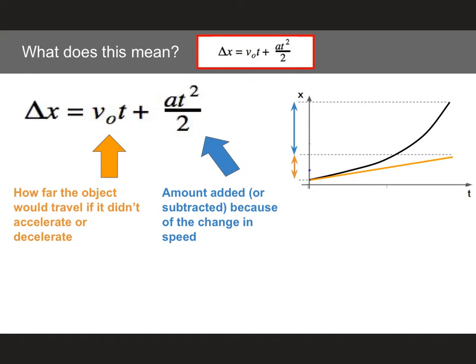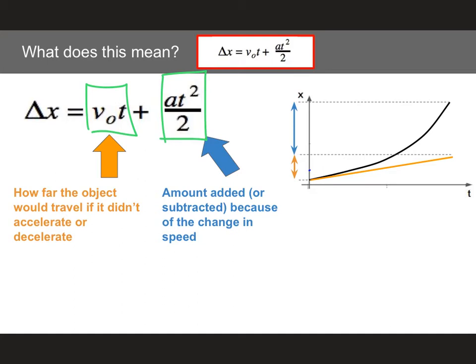Now, if you take a look at this formula, another way of thinking about it is that this first term, this v sub o t, would be just how far the object would go if nothing changed, if the speed never changed from that original v sub o. And then this extra piece that's being added on is telling us that there's something more going on.